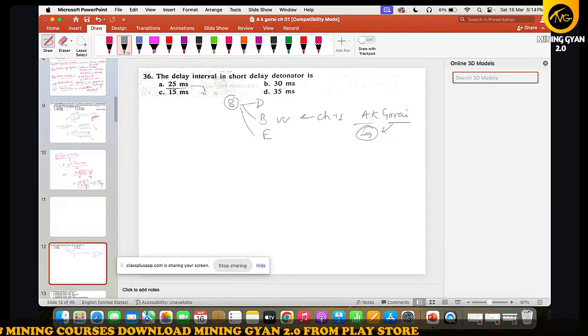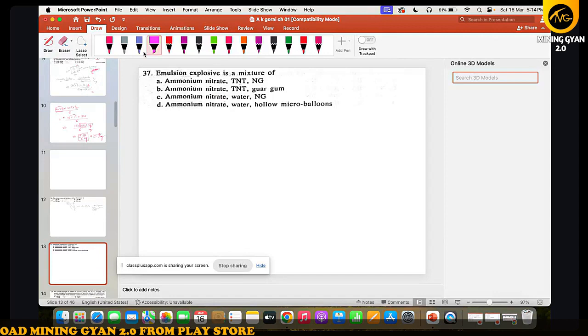Okay. So the delay interval for the short delay detonator is 25 ms. Emulsion explosive. Emulsion explosive, I told you, go and read about explosive.